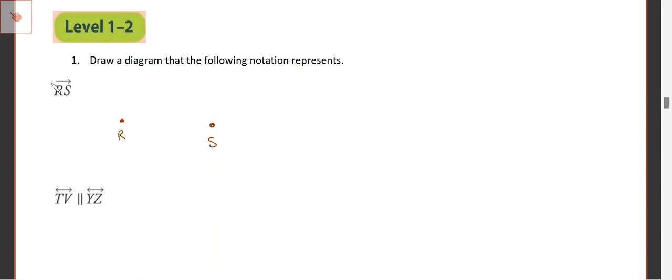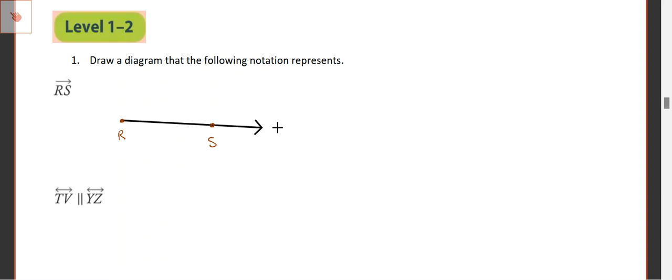And then the arrow above it tells us what, Jack? Ray. So can you describe what that does do and what it doesn't do? So one end is staying where it is, and the other end is going on. So the ray starts at R, goes through S and carries on.